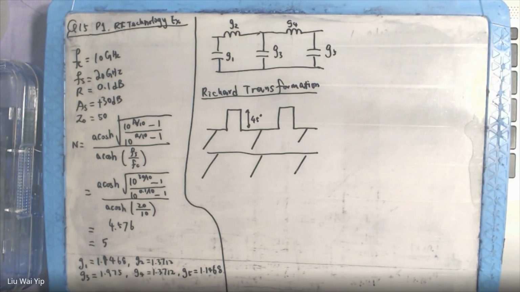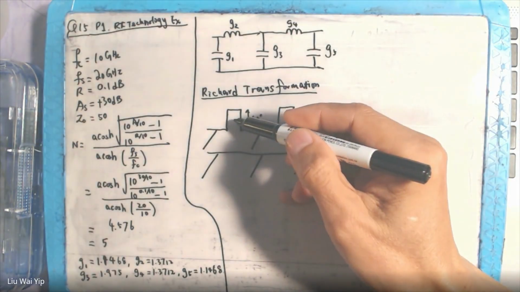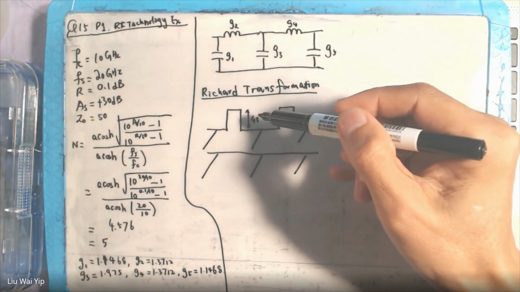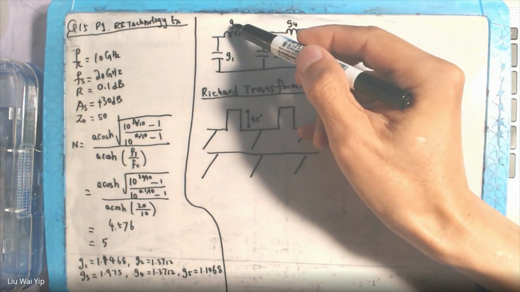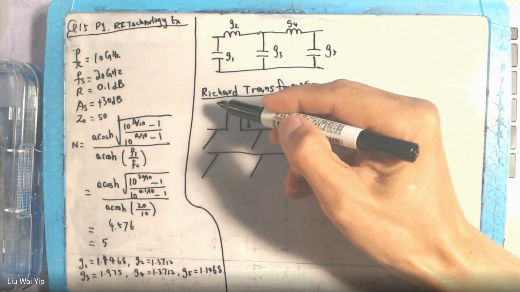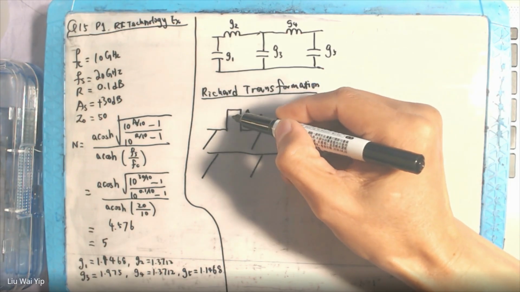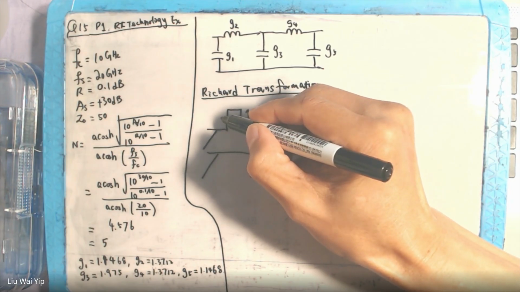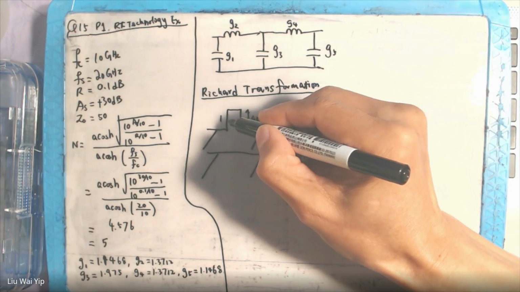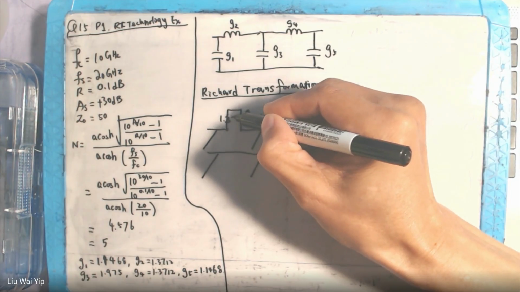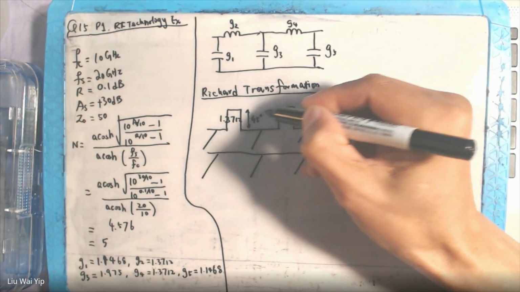Now we are going to find out the impedance for each of the stub sections. For G2 and G4, the impedance is going to be 1.3712.